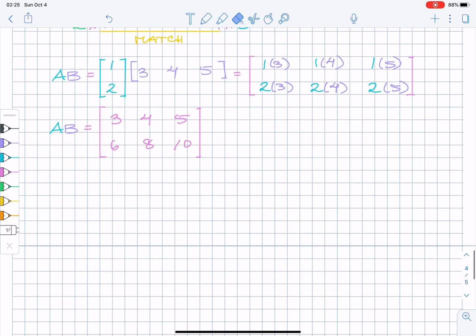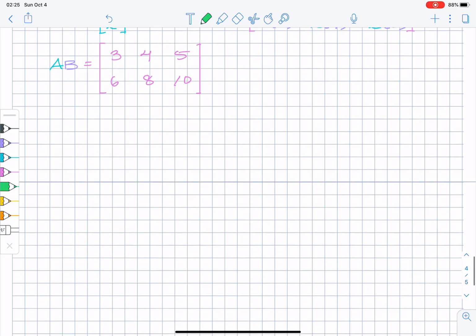Okay, so let's note something about matrix multiplication. Matrix multiplication is not commutative.